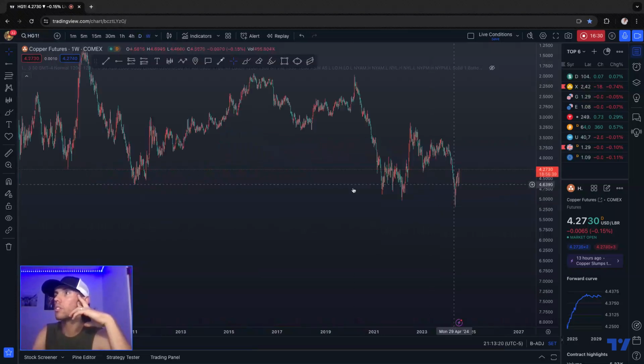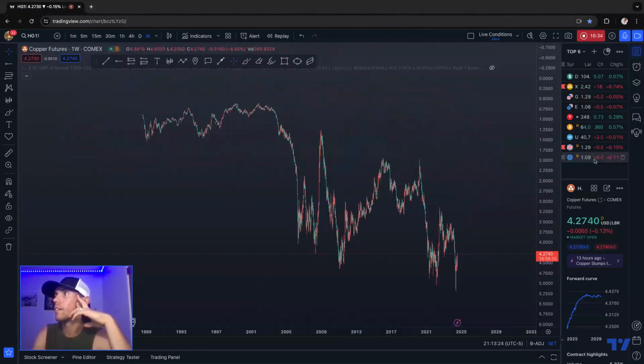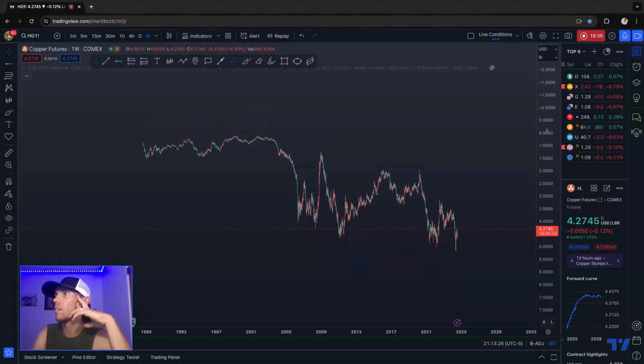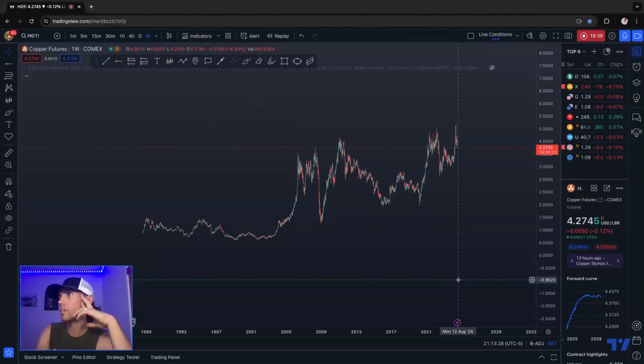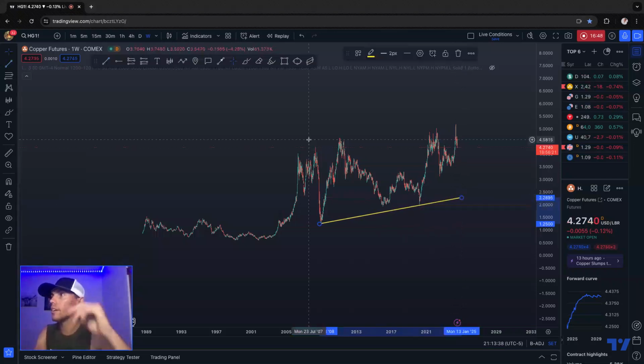Let's go out to our weekly time frame. Let's flip our chart back around. Oh yeah, copper is high right now, but I see prices coming down.